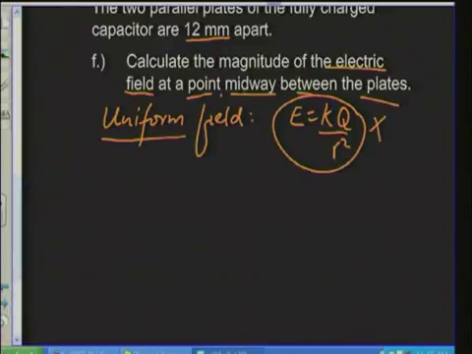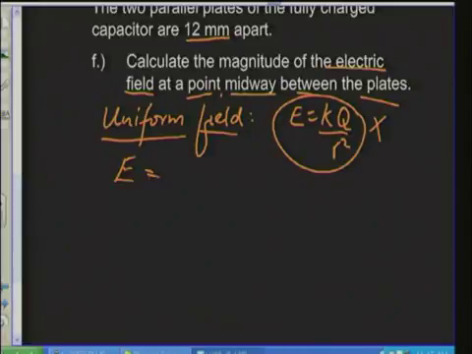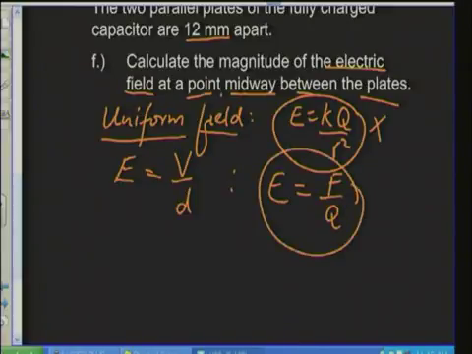For uniform field, which is the field between the plates of a capacitor, we would have to use E equals potential difference over d. Or you can use E equals F over Q, but the information given in this question doesn't allow us to use that. So what do we need to do here?